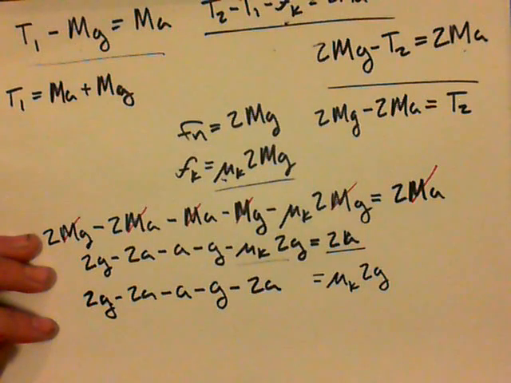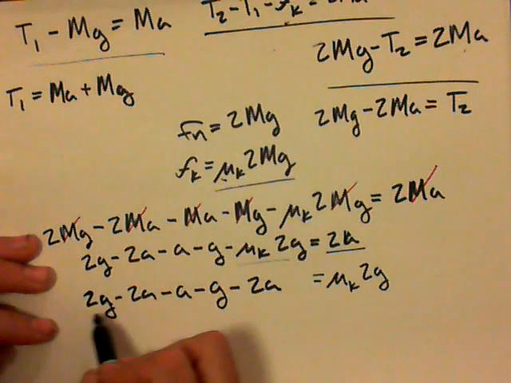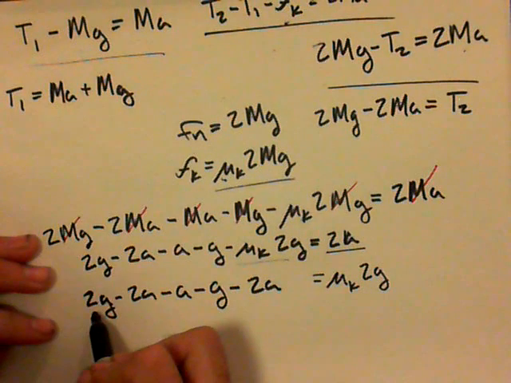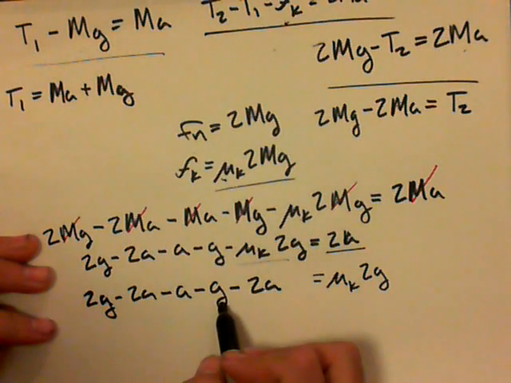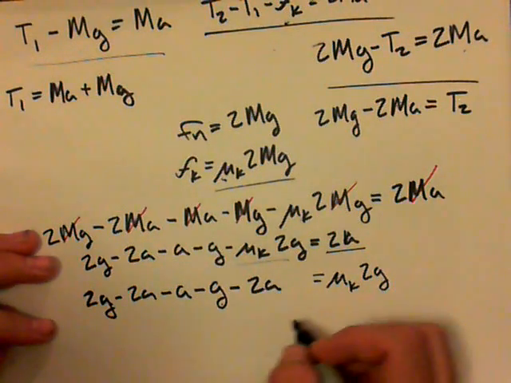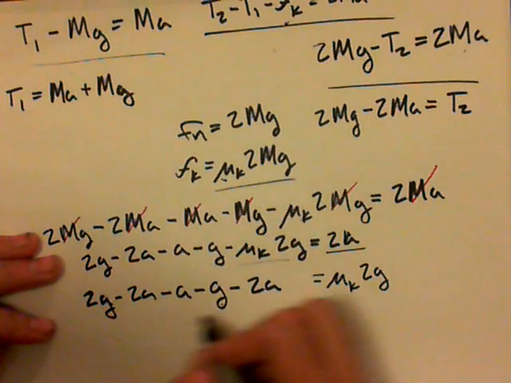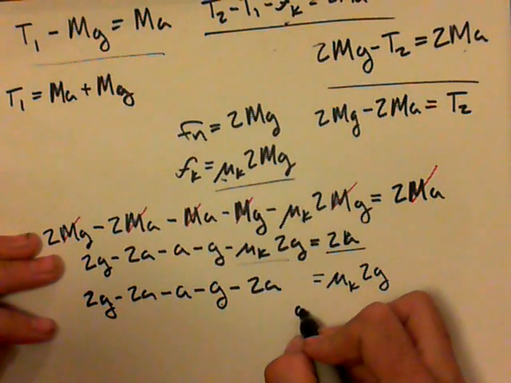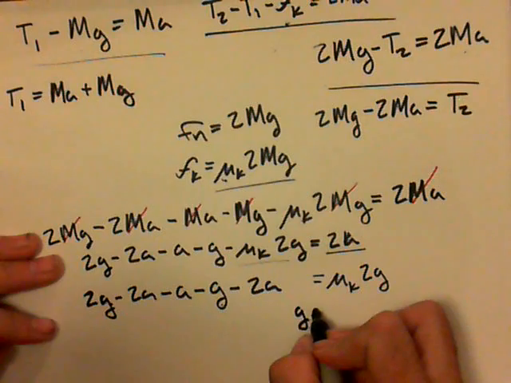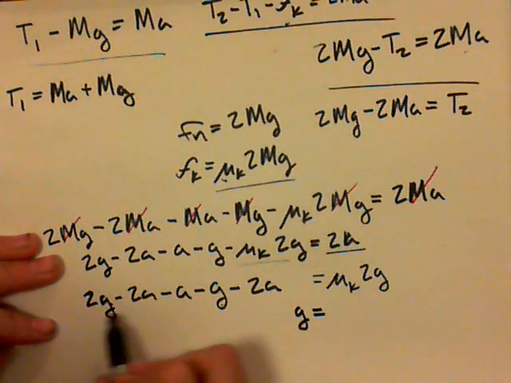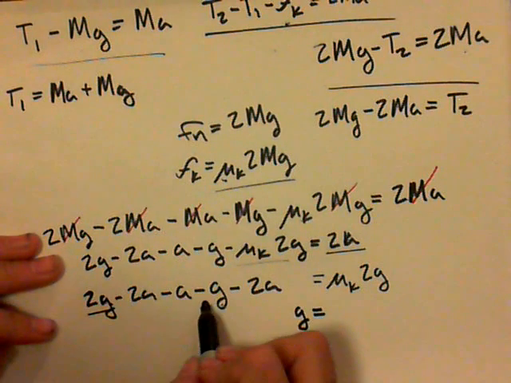Okay, right so far. So we have a negative g and a 2g here, so we can combine those and that makes a positive g.